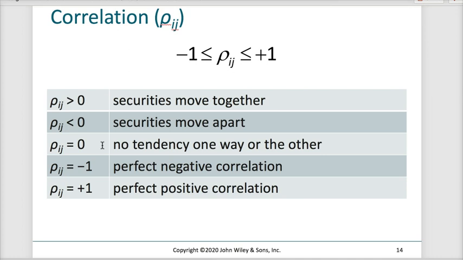We can't really predict the movements of these two assets. It's just no relation. So if stocks A, B, and C have a perfect positive correlation of 1, there's less benefit in grouping them together in a portfolio than assets with smaller positive correlations.